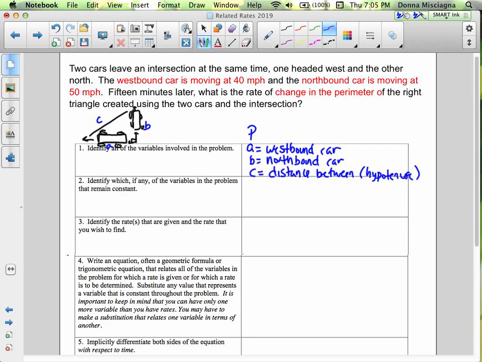And P is the perimeter, because we are dealing with the perimeter of the right triangle created using the two cars in the intersection.